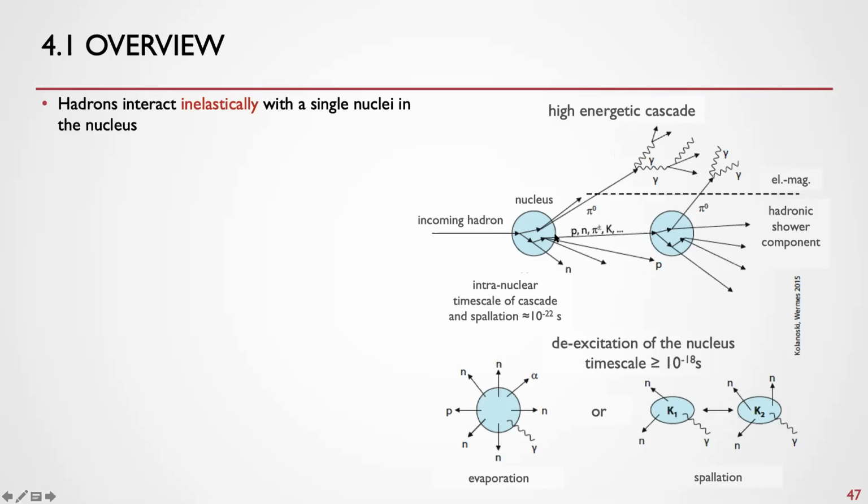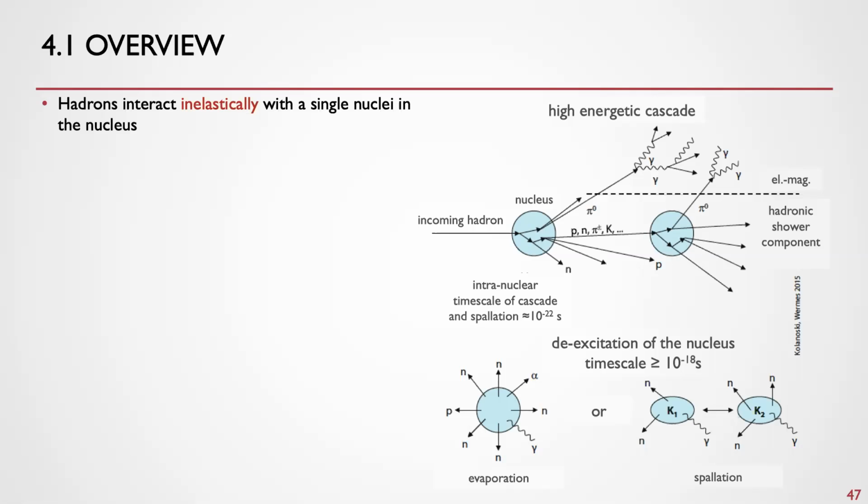On the other hand, it need not be so. It could be that protons, neutrons, pi zeros, and kaons are produced, and you get a cascade development of hadronic interactions. This cascade then produces other hadrons with lower energy.